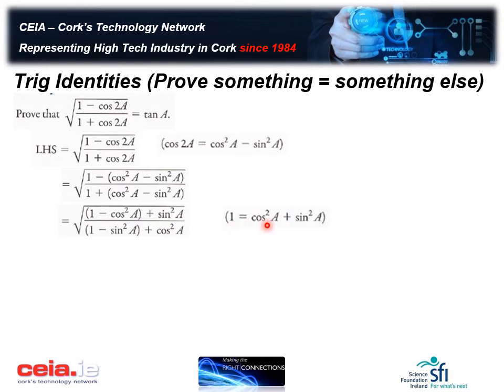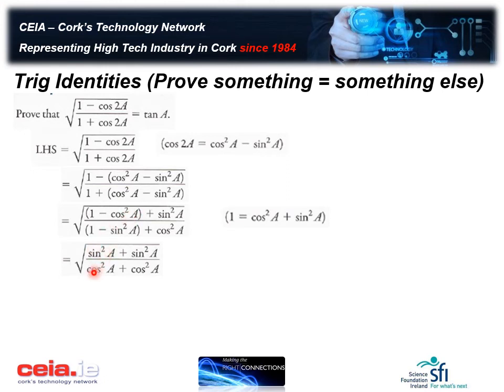So I'm going to substitute cosine squared a plus sine squared a for 1 in this expression. If I do that, I end up with cosine squared a plus sine squared a minus cosine squared a. So that leaves us with sine squared a. Instead of this, I get sine squared a.